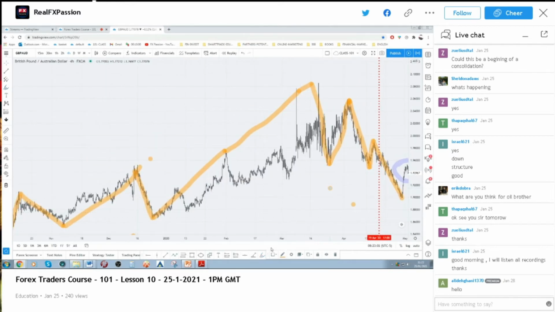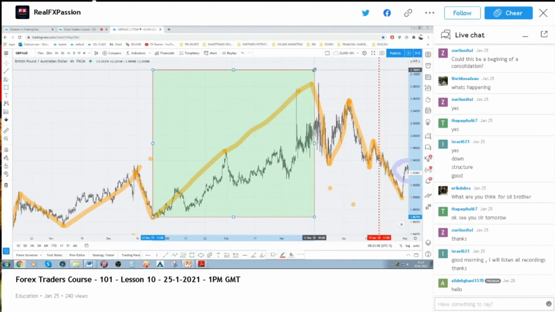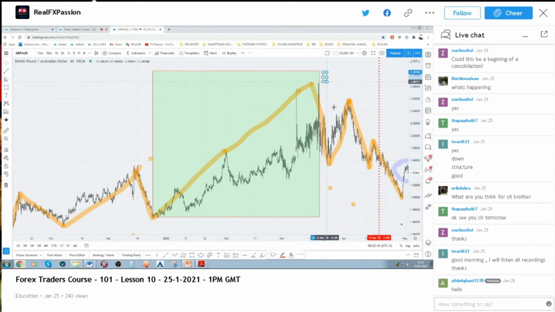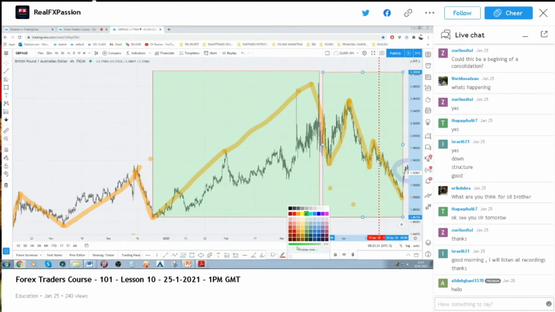Or let's go step by step. Do we agree that on the left side the market was making higher highs, higher lows, higher highs, higher lows? We were in a kind of uptrend for the beginner trader, and the right quadrant is something different. Do we agree on this, everybody? I'm sorry, my cell phone never stops ringing, okay?